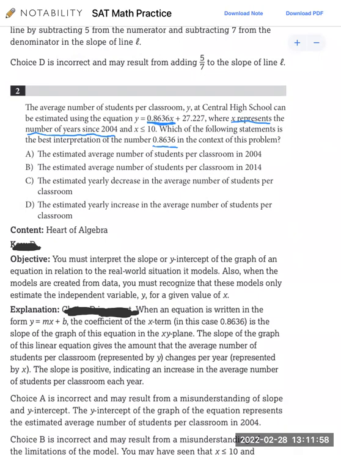But let's back up a little bit and recognize what form this is. We know it's Y equals MX plus B, which is also known as your slope-intercept form. We know M is our slope and B is our y-intercept.